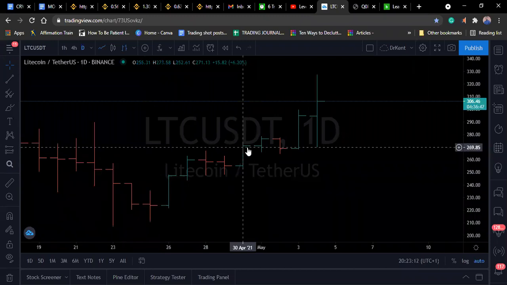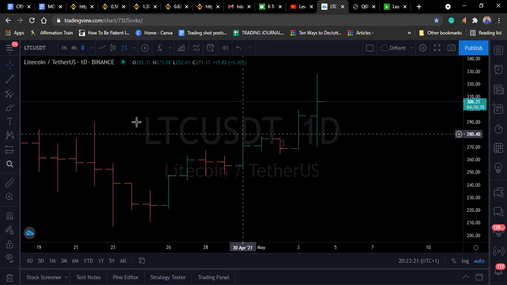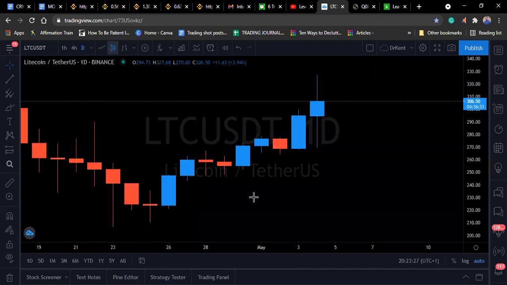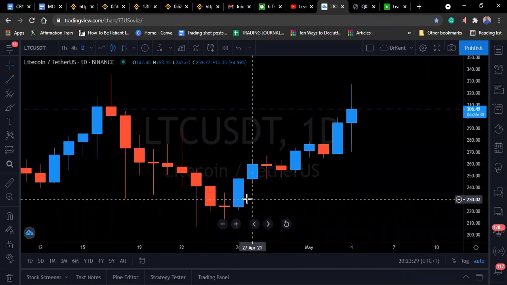eventually closed. Now, the bar chart was used for a long time until about 100 years ago, when a Japanese trader who was trading rice came up with what you refer to today as the Japanese candlesticks.